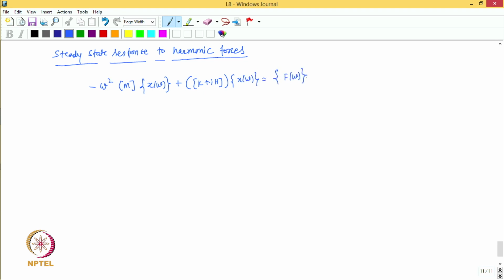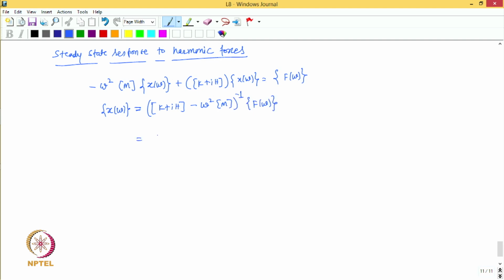Here the displacement and force are in the frequency domain at frequency omega. So, we can straight away write down x of omega as k plus i h minus omega square m inverse times f of omega.